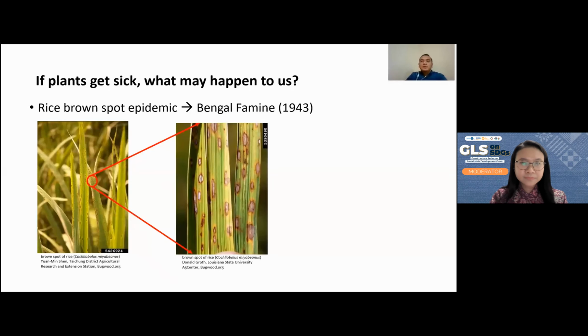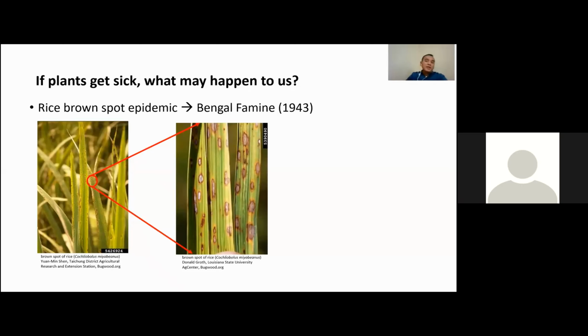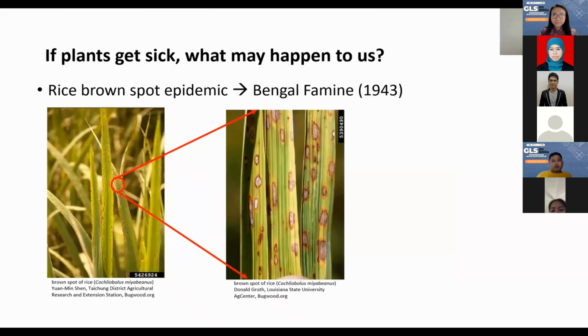Another example of famine that has been associated with plant disease is the Bengal famine in 1943. Bengal, by the way, is the area that is commonly called Bangladesh. And the plant disease that has been thought to contribute to this famine is a disease on rice called rice brown spot, okay?